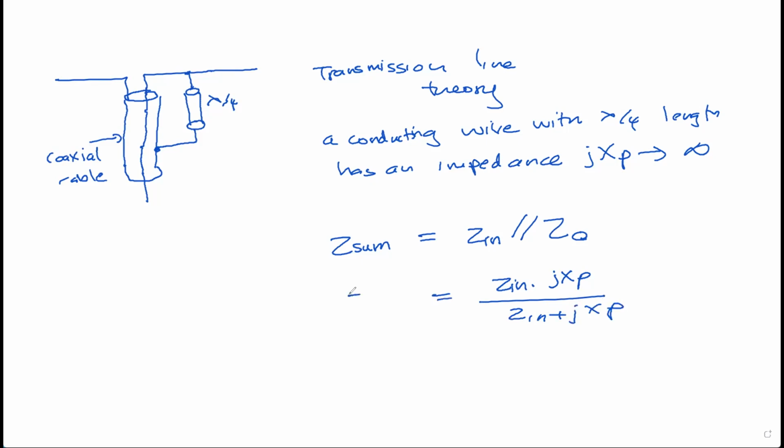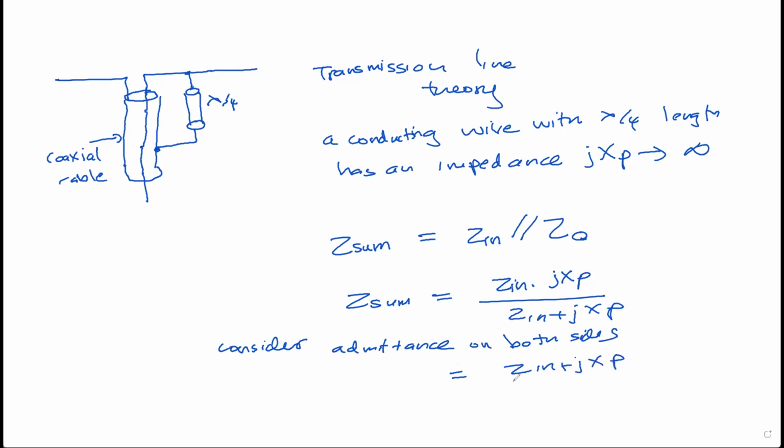In order for us to make the calculations easier, we are considering admittances on both sides. Then we can divide the impedances easily since we have the product of the impedances in the denominator.